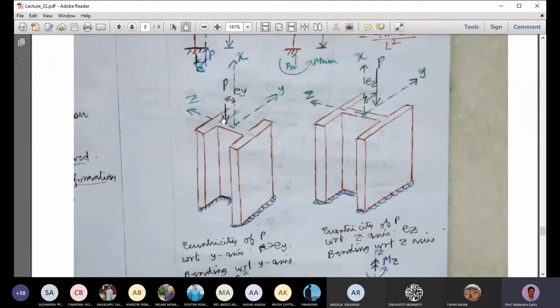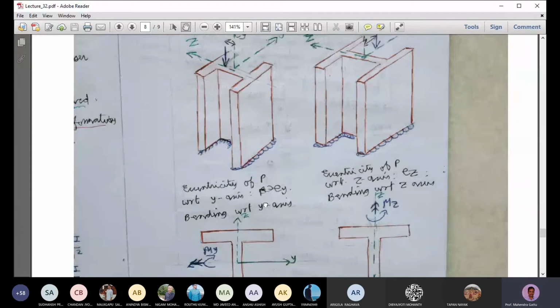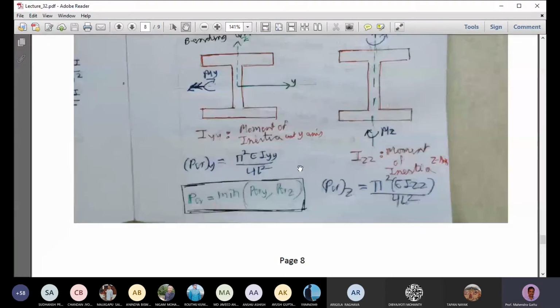So it can fail in different ways, and the smaller of these values will have a higher chance of failing in that fashion.